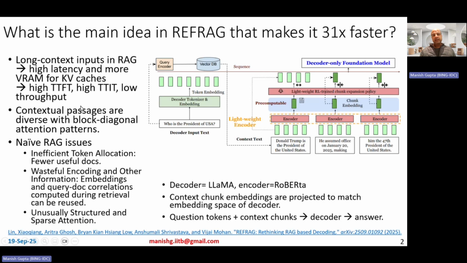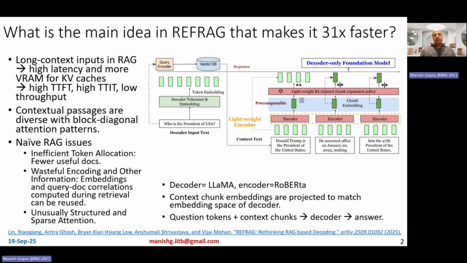However, an interesting insight that these authors found is that contextual passages are diverse. When people do RAG, they also try to ensure diversity in the retrieved documents, sometimes by deduplication and sometimes by ensuring diversity so as to have orthogonal information that might be really important to answer the question.